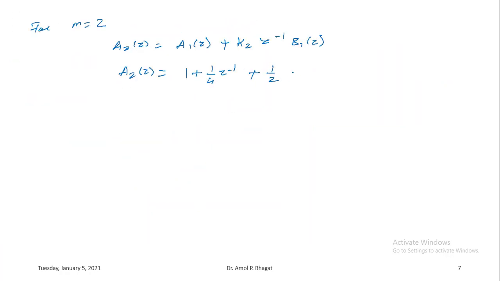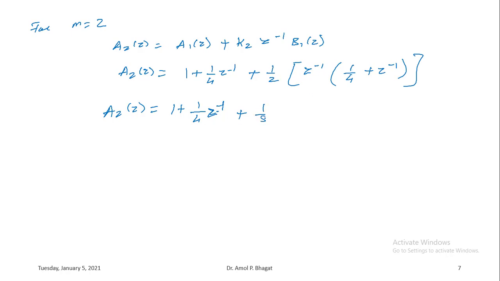So it is 1 by 2 in bracket z inverse, and in the bracket, what is the value of b1 of z? So b1 of z is 1 by 4 plus z inverse. Right, so if you simplify it, a2 of z is equal to 1 plus 1 by 4 z inverse, plus, if you multiply it, 1 by 2 z inverse multiplied by 1 by 4 will be 1 by 8 z inverse, right.